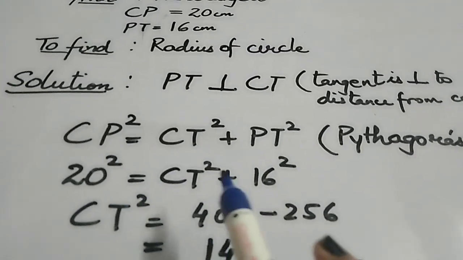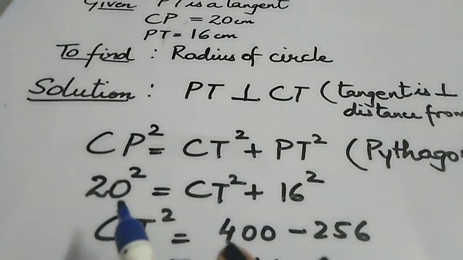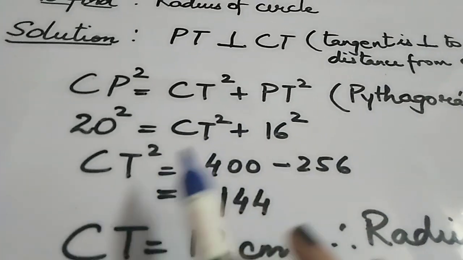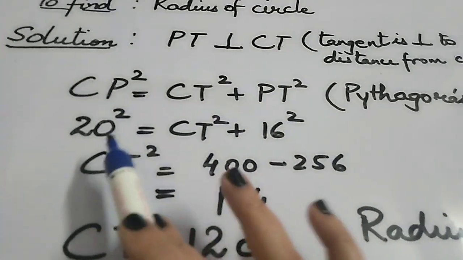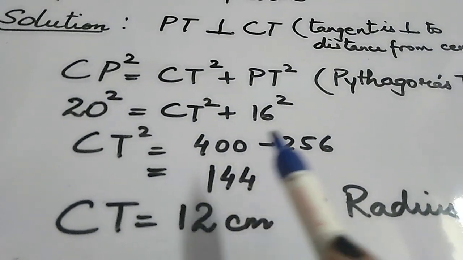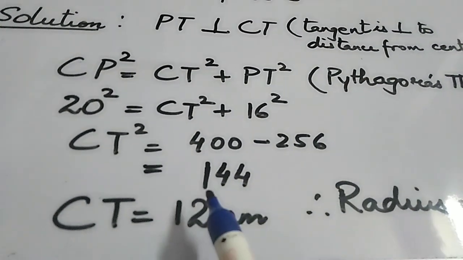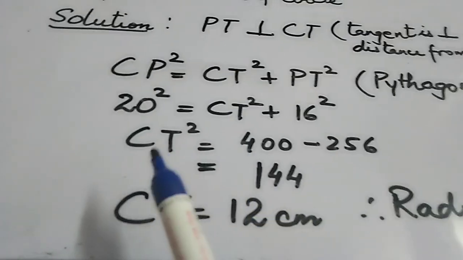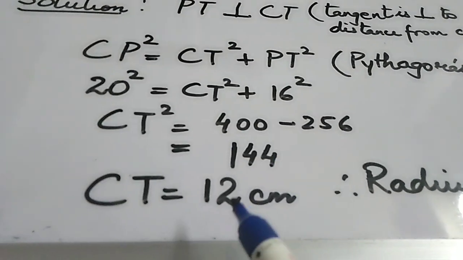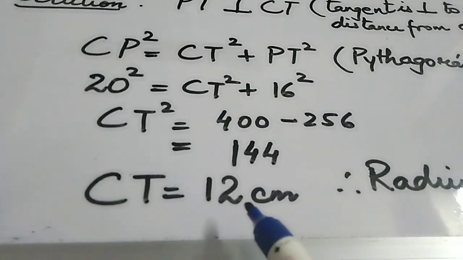Now substitute CP as 20 and PT as 16, and you can easily calculate CT. CT square is 20 square minus 16 square. Square of 16 is 256, so 400 minus 256 is 144. CT square is 144, so CT is the square root of 144, which is plus or minus 12.